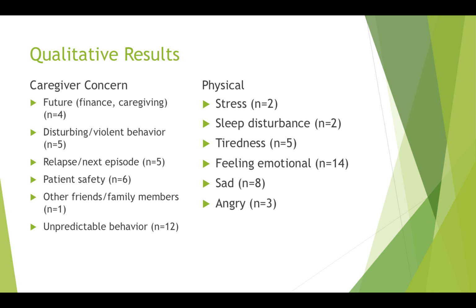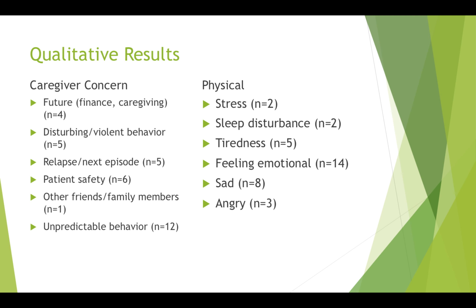There were several caregiver concerns identified. Caregivers worried about their future, especially their finances, and their ability for continued caregiving. They worried that if they got sick or died, who would take care of their loved one? Disturbing and violent behaviors by those they cared for was sometimes a problem.